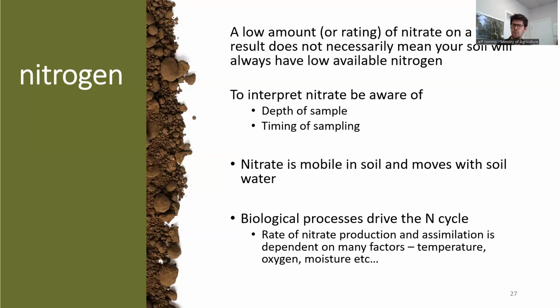But if you're at a time of year where those things have slowed down, so things start to cool off, maybe there's more water or less water, it'll influence how much nitrate might actually be around. And sometimes those factors will influence things like nitrogen loss. So just be aware that there's an ongoing process here, and you're really just capturing that snapshot of it at one point in time.